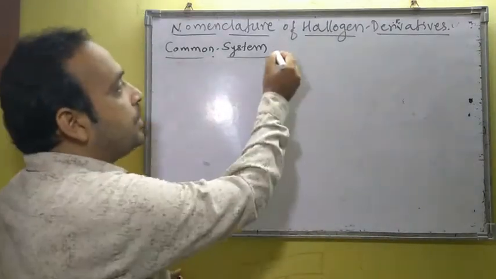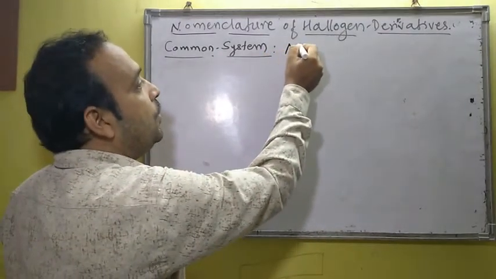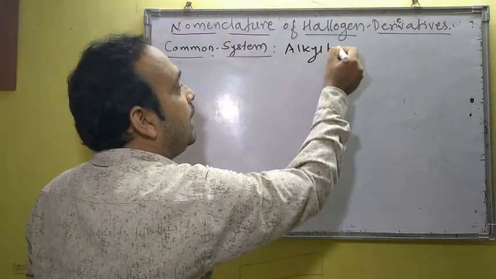Now in the common system of halogen derivatives, how to write the name of an alkyl halide.